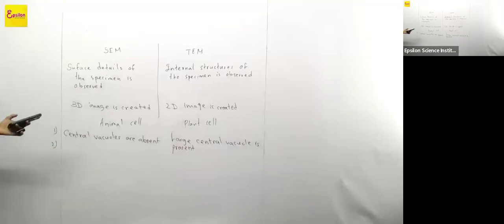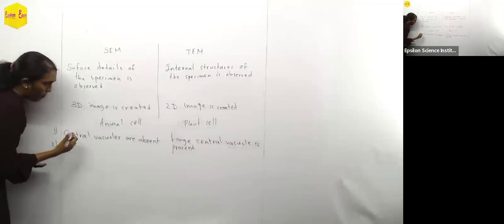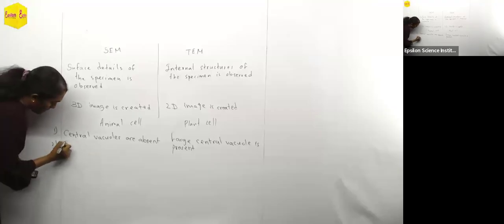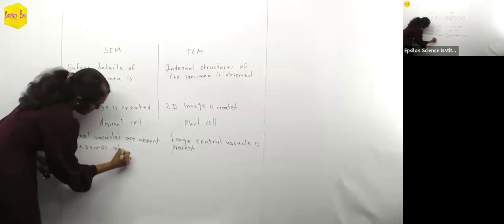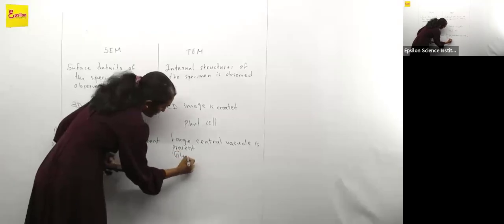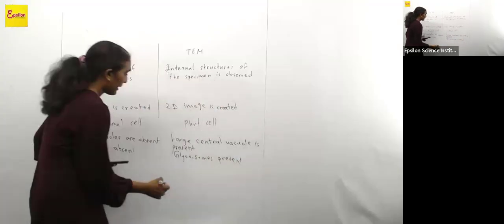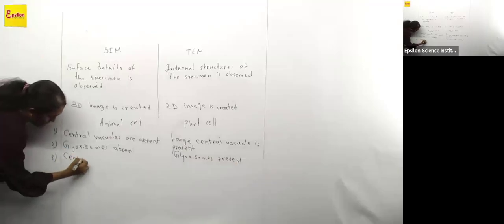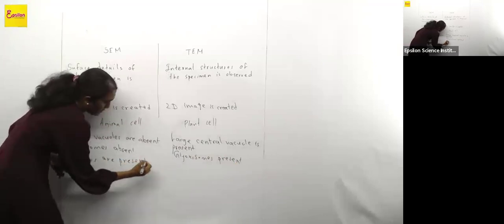Number two, here glyoxysomes absent, glyoxysomes present. And you can say number three, centrioles are present, centrioles are absent.